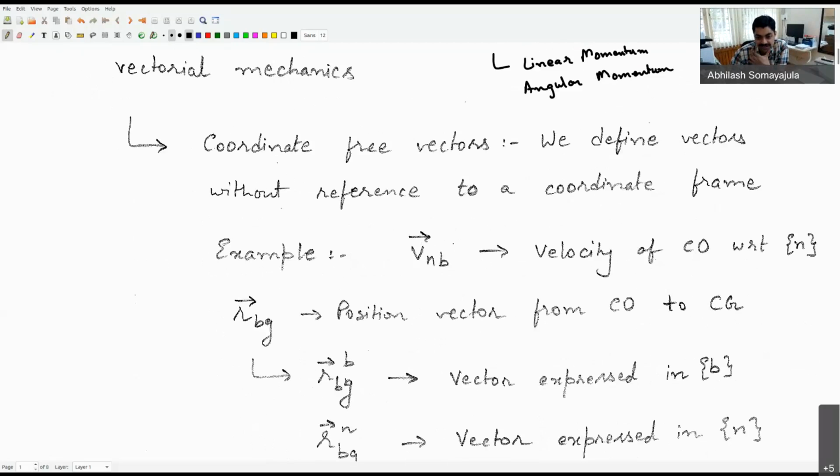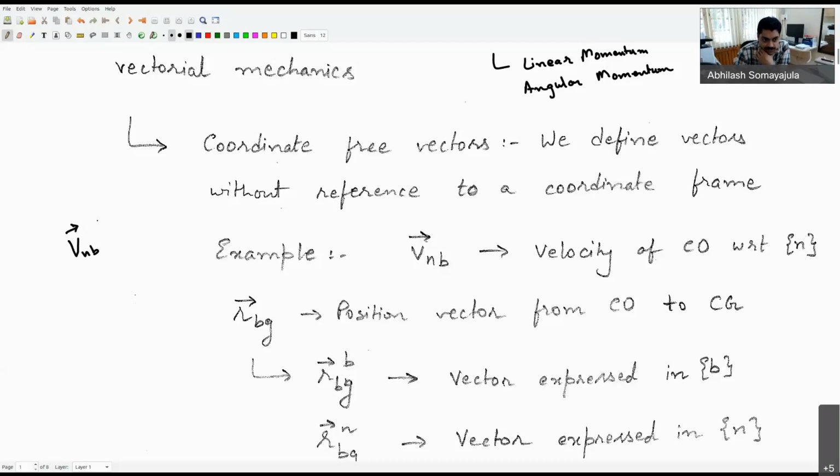I'm just referring to it as the vector. If I specifically want to express it in some frame, then I'll write it as V_B^b. Then I am expressing this vector in the body-fixed frame. Otherwise, I am just denoting it as a vector in free space.